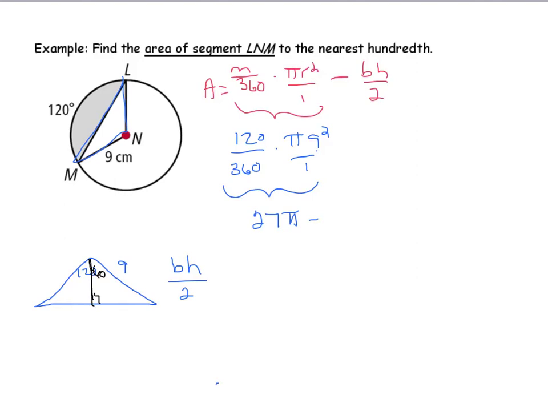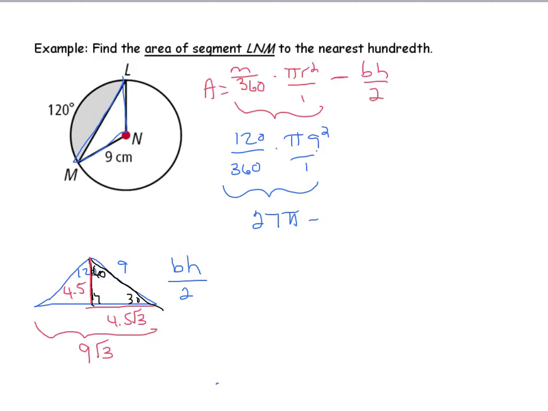This is a right angle, which makes this 30 degrees. This is a 30, 60, 90. If the hypotenuse is 9, that makes this short side 4.5, which makes this side 4.5 square roots of 3, which makes this whole thing 9 square roots of 3.